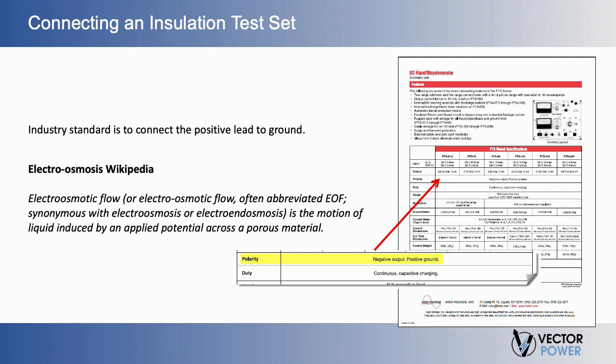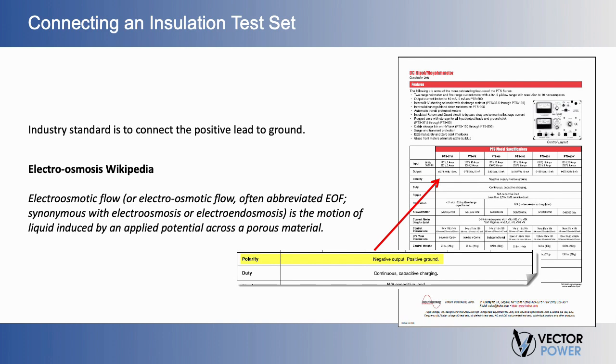The reason for this is that on older insulation, a little-known phenomenon called electroosmosis causes a lower insulation reading to be obtained with the positive terminal connected to the ground side of the insulation being tested.